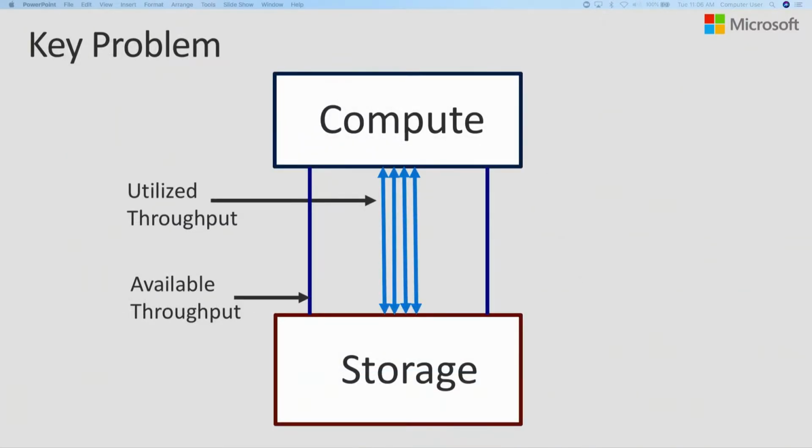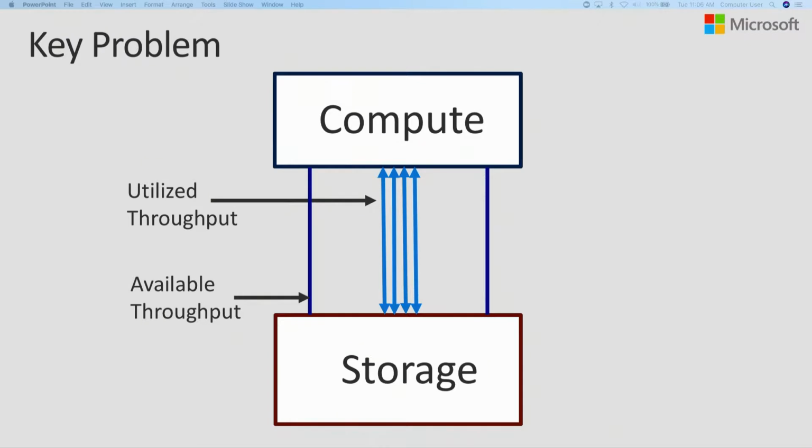So let's get into this and talk about the key problem. This is the key problem that most customers, when they come to me, actually have. So we have compute and we have storage, and we have the network that connects the two. The problem is storage actually gives you a lot of bandwidth, but most of the time when I'm talking to customers, what I see is they're not really pushing and pulling enough data to actually use that bandwidth.